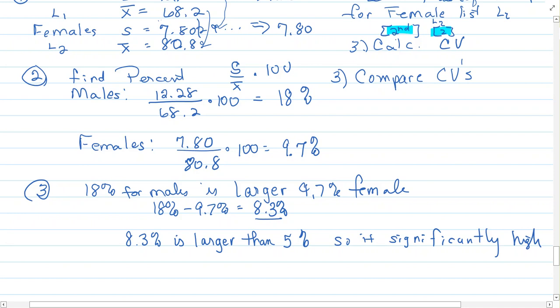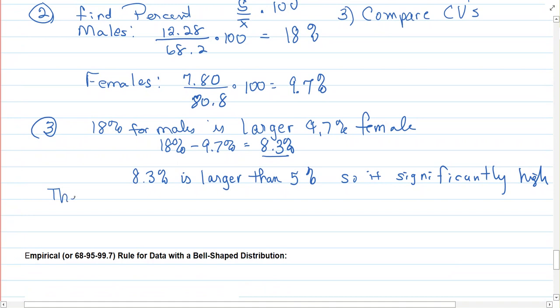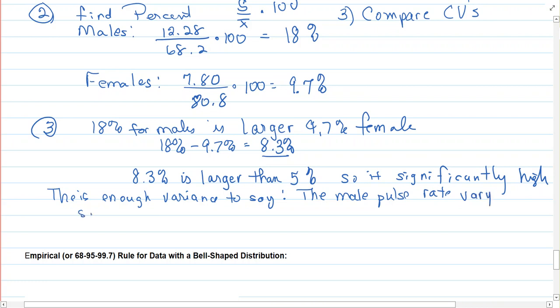So it is really enough variance to say, okay, the male pulse rate is very significantly high, well, I should say more, very more, oh, I need to use more on that one, than the female rates.